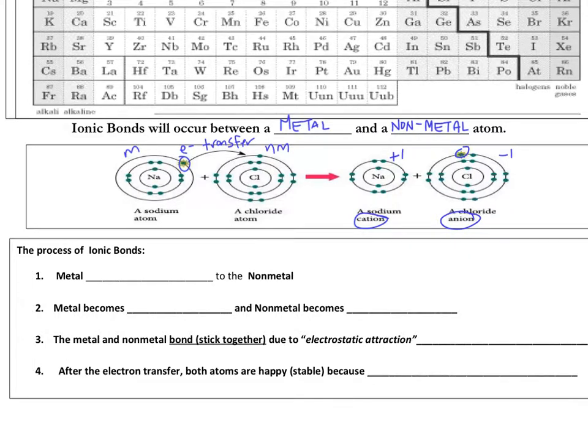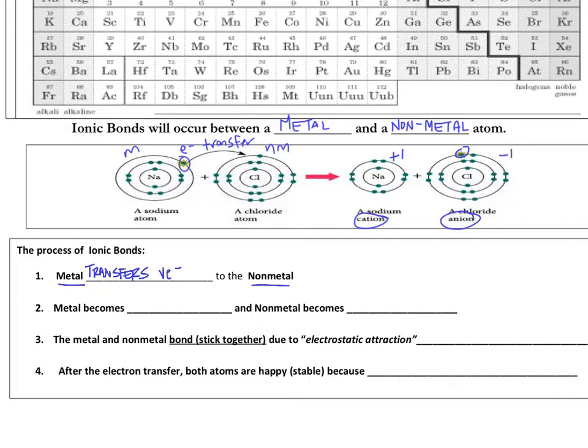So the process of the bond: the metal transfers the valence electrons to the nonmetal. We're only talking about the valence electrons in this case. It transfers the valence electrons to the nonmetal.